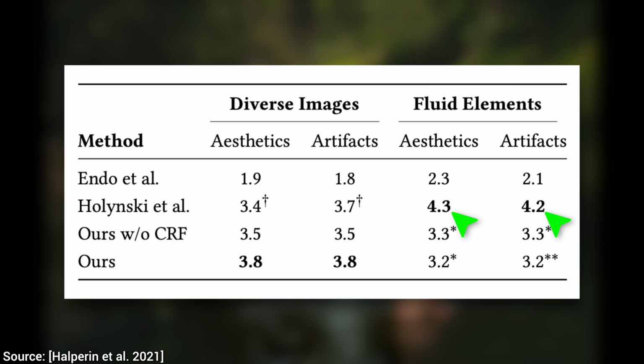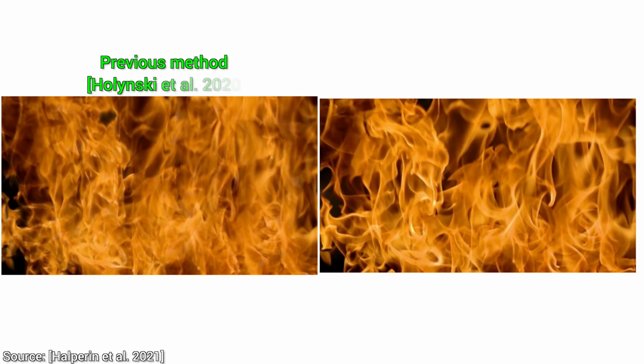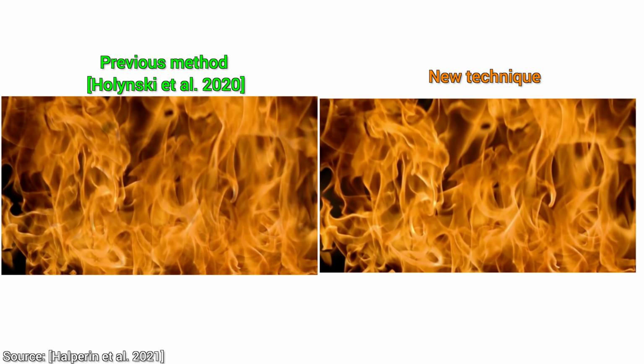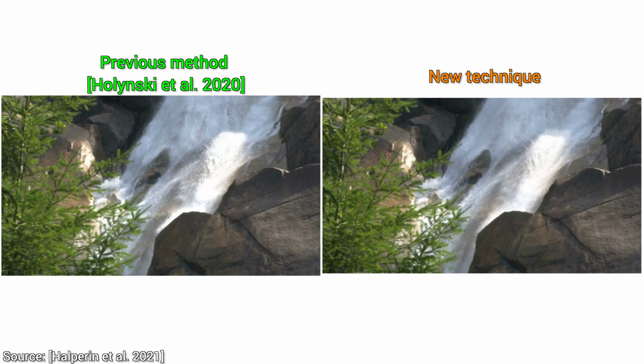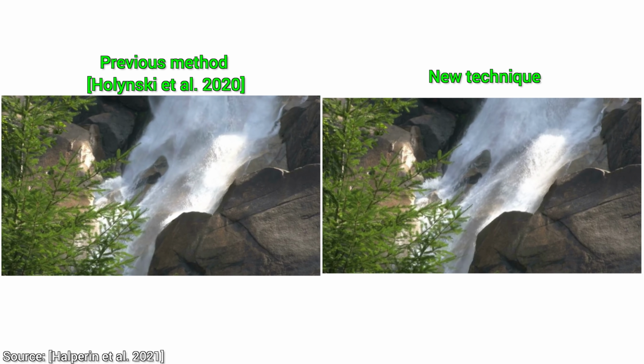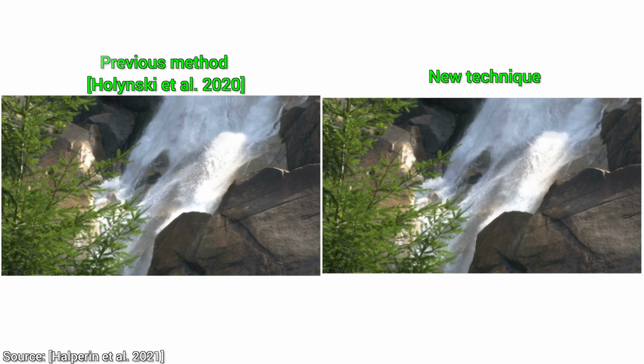Well, they say that the previous method performs better on fluid elements than the new one. My experience is that it indeed works better on specialized cases, like this fire texture, but on many water images they perform roughly equivalently. Both are doing quite well.